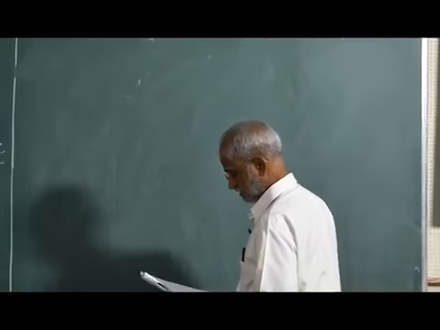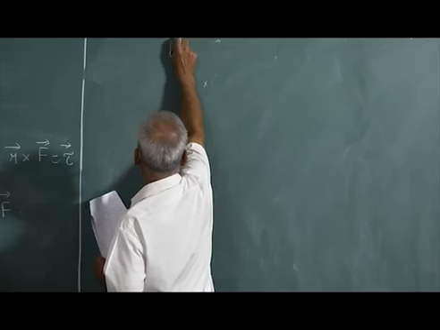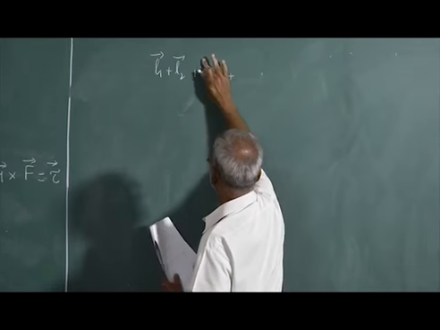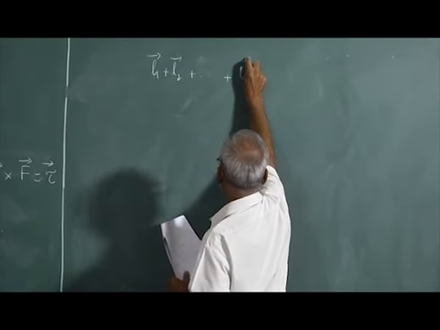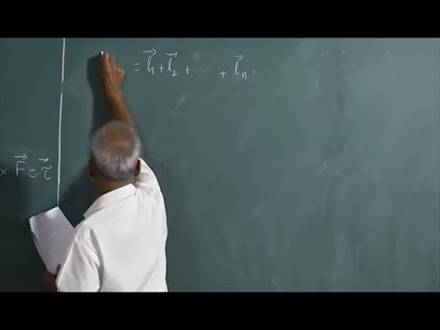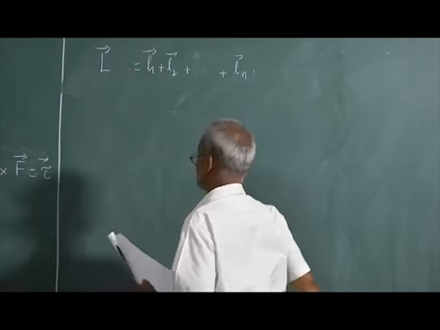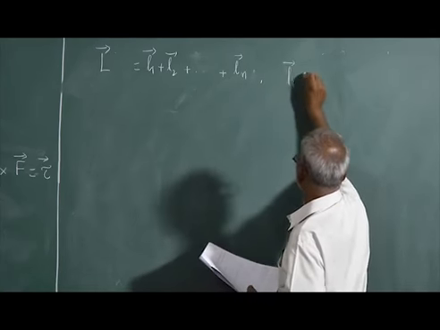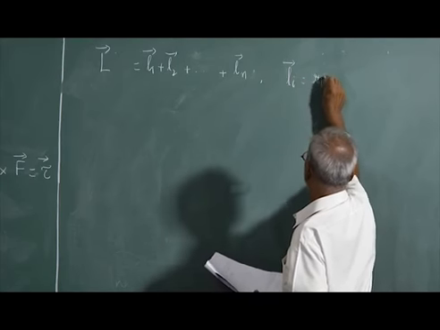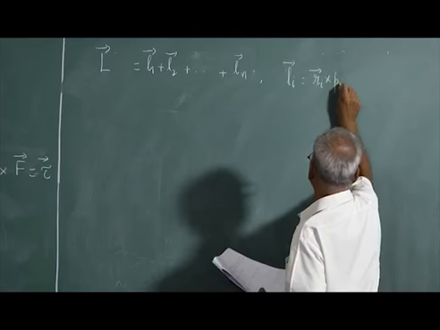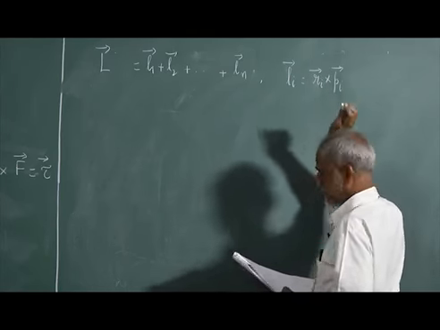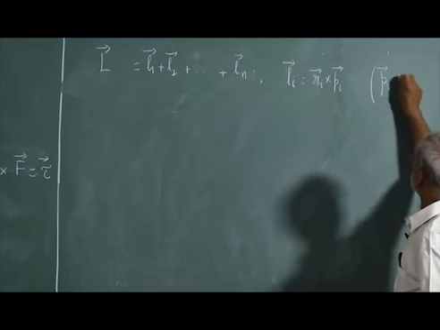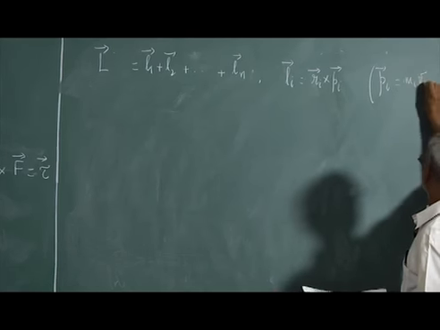So vectors you can add: if L1, L2, etc. are the angular momenta of a system of n particles, then its total angular momentum is given by this. So what is Li? Li is the position vector of the ith particle crossed with the momentum vector of that particle. Just for clarity, you can think mi times vi.